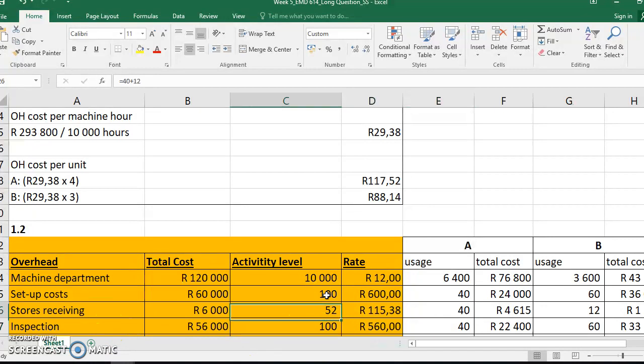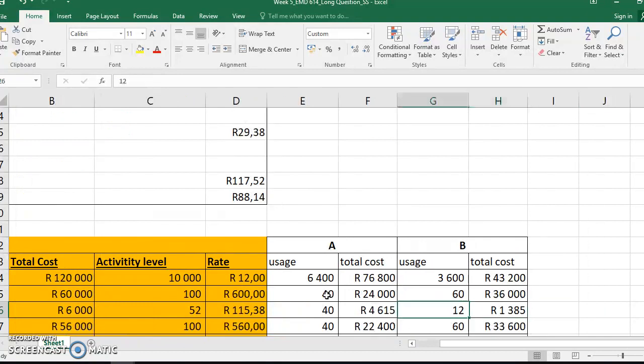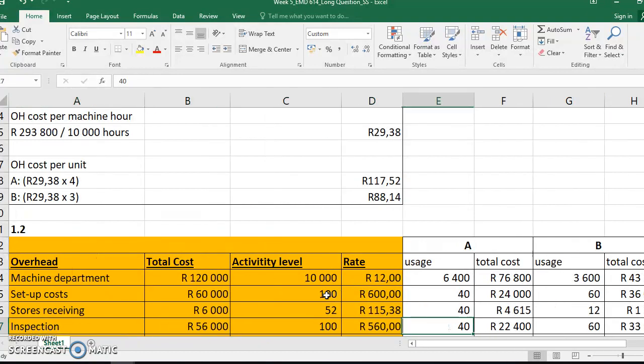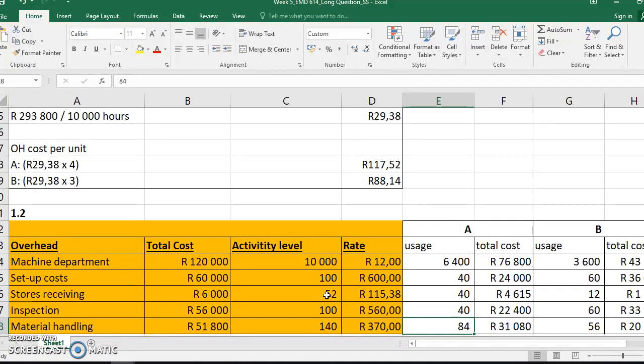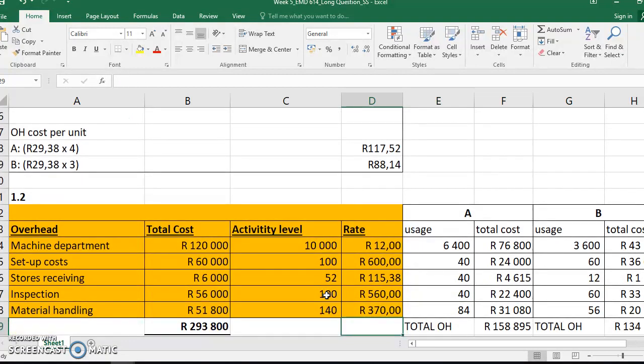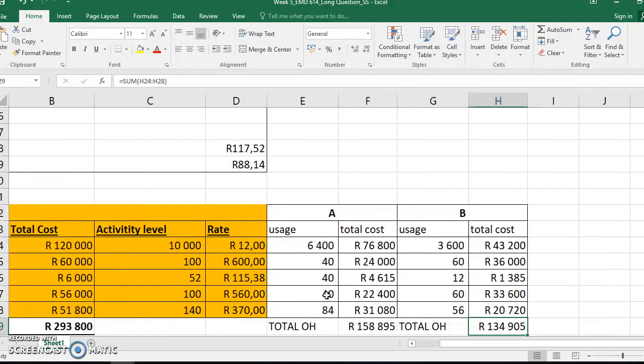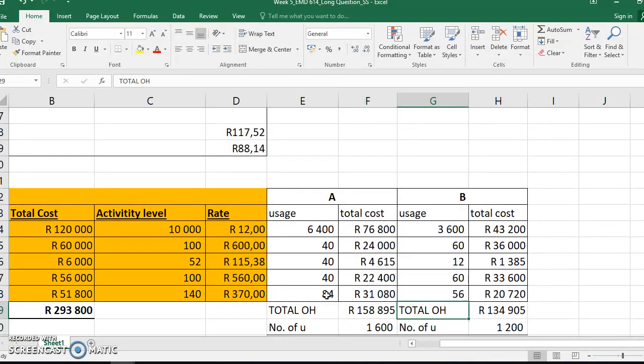It's 40 times that rate and 12 times that rate, which gives us these totals respectively. And lastly, inspection, it's again based on production runs, but it will be 40 times this rate and 60 times this rate. And then lastly, it is orders executed, which will be 84 times 370 and 56 times 370. That will give you the total. If you add up all of this, it will give you the total overheads.